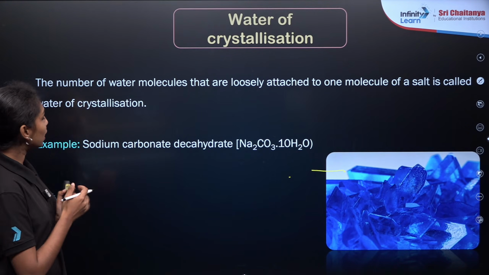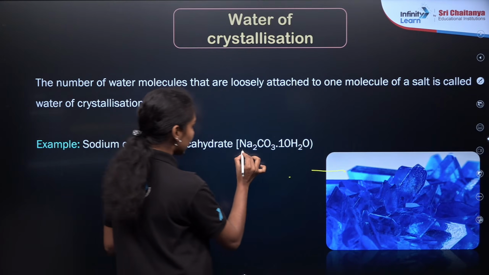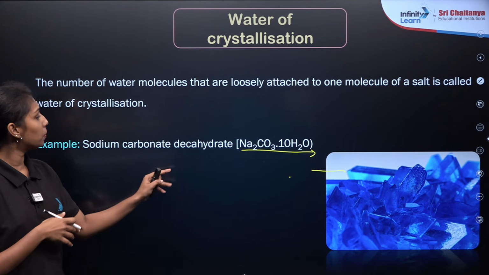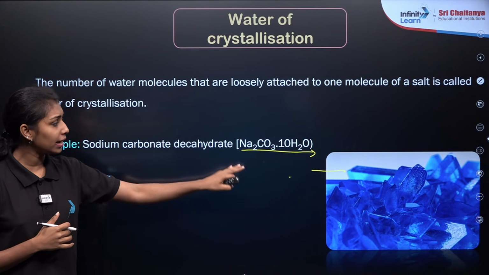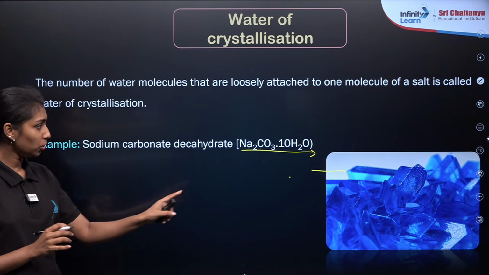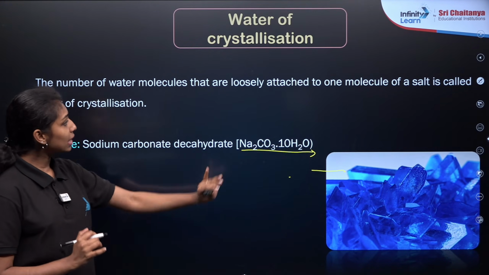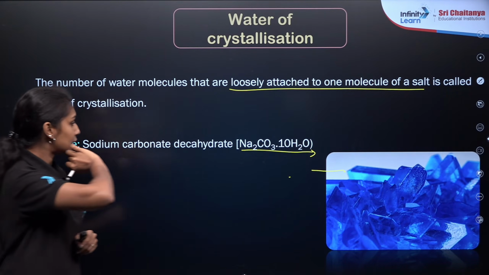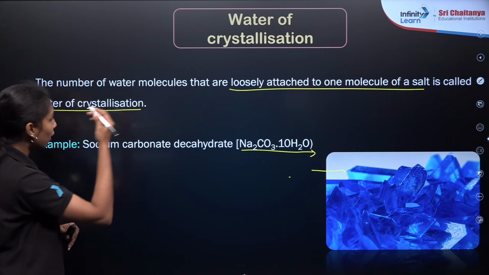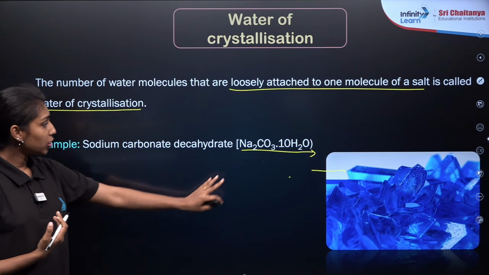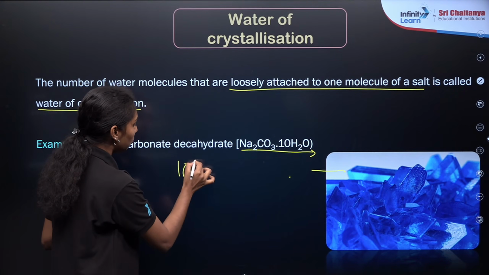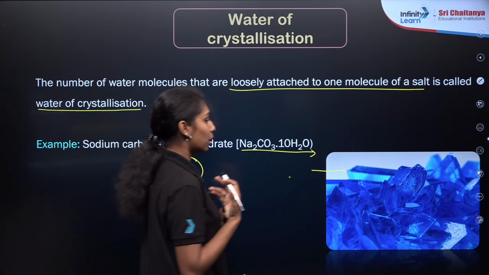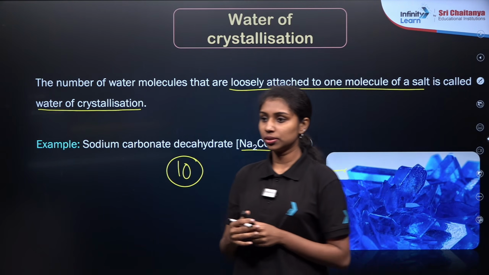As you can see here, this is our compound, sodium carbonate decahydrate, Na2CO3·10H2O. The water molecules that are loosely attached to one molecule of the salt are known as the water of crystallization. So if anyone asks you for the water of crystallization of Na2CO3, the answer will be 10, right? 10 molecules of water are present in sodium carbonate. Clear what we mean by water of crystallization?